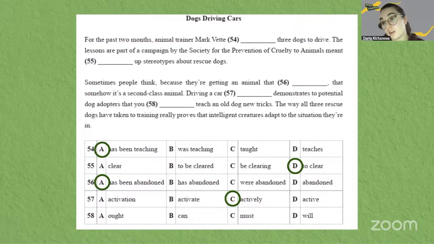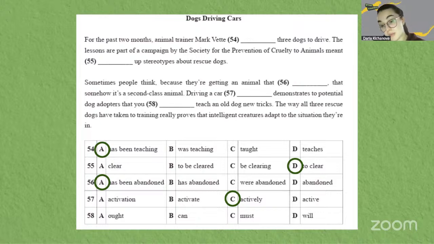And the last question for now. It is checking of your modal verbs, how you remember the difference between them. So we have dog adopters that you ought teach, can teach, must or will. So here ought can't be used because we use ought with to, ought to teach, yes.